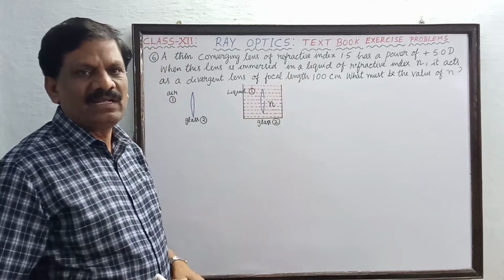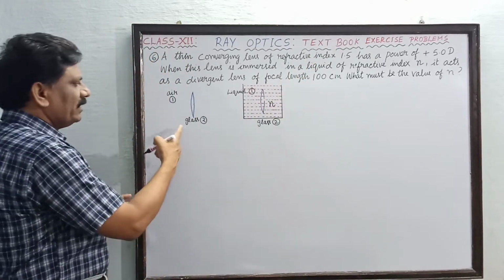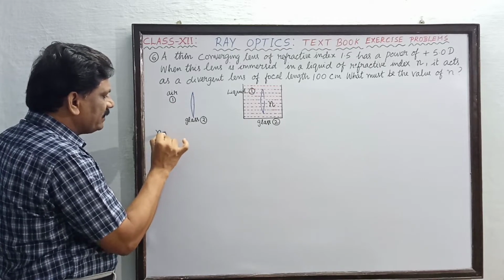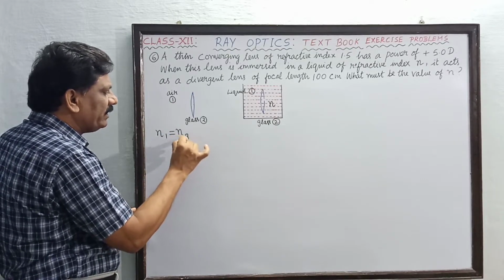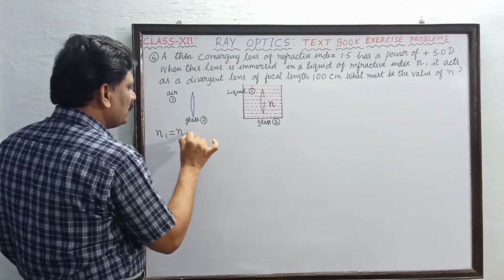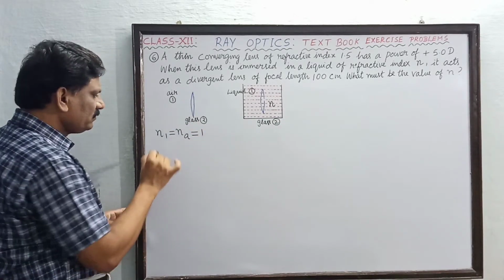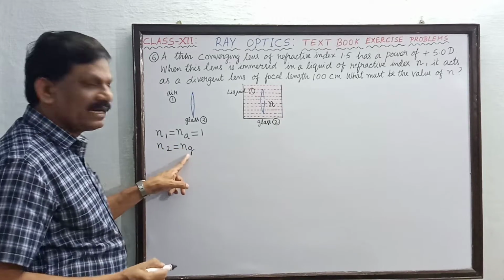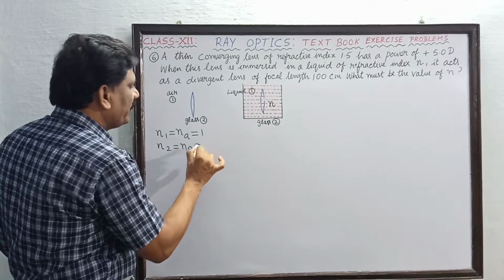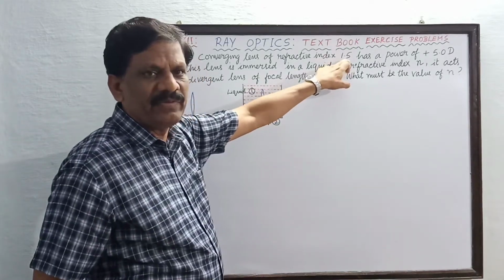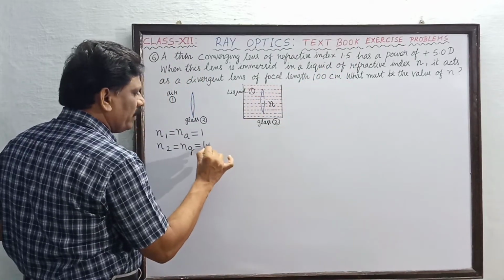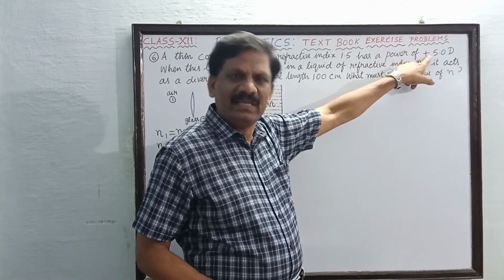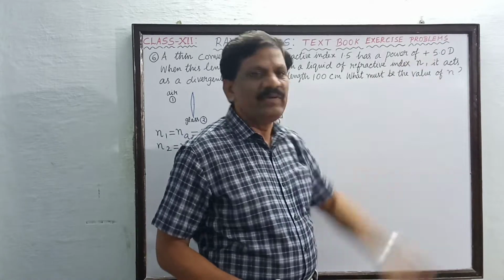First of all we will write the given quantities. In the first picture the first medium is air, so the refractive index n1 is n air, which is equal to 1. The second medium is glass, so for glass the refractive index is given as 1.5. Then the power of the lens is 5 diopter.